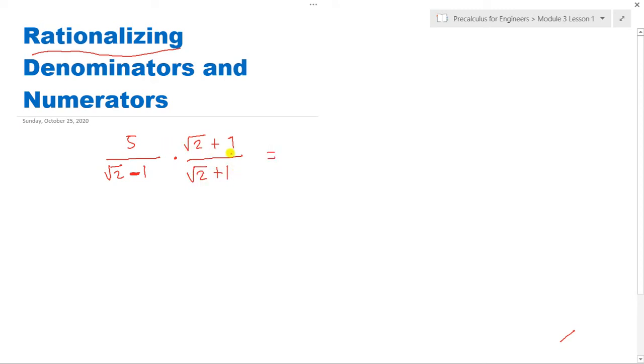Then multiply. So 5 times square root of 2 plus 1 all over ito. So again, difference of two squares.